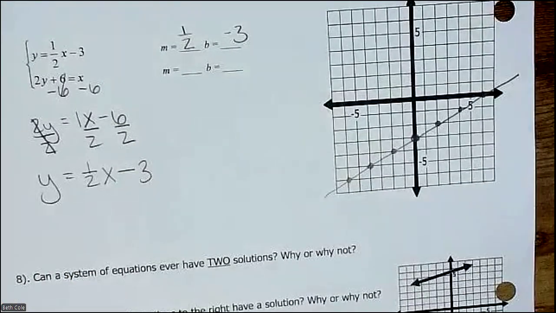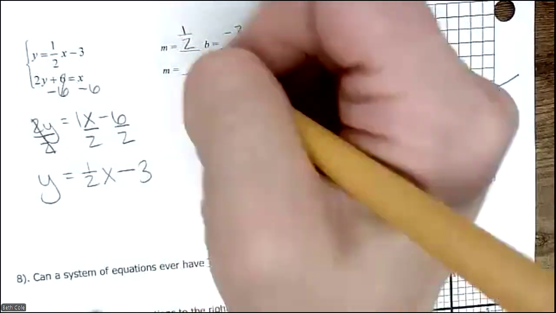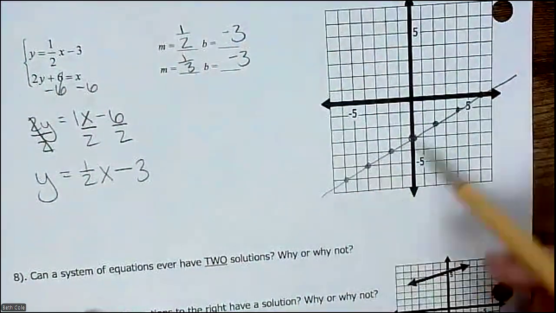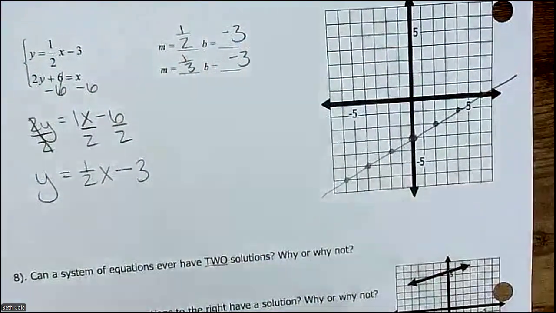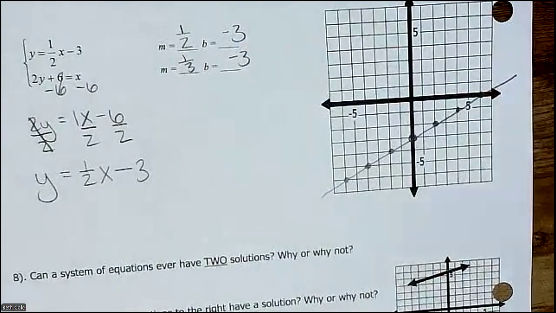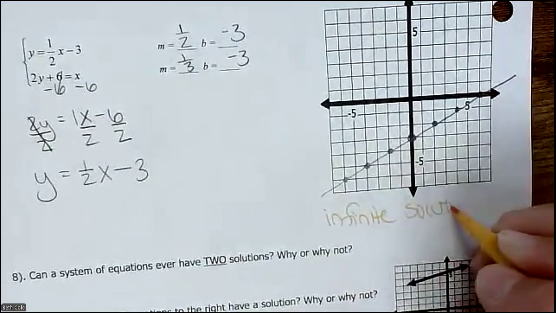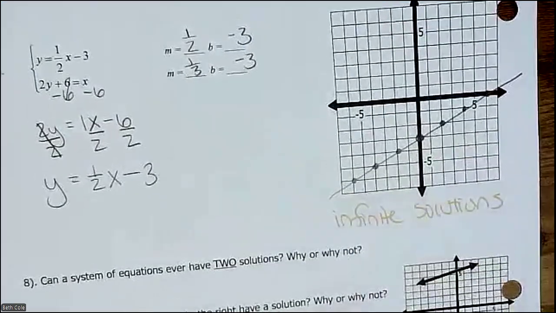What do you notice? Stop and notice something. It's the same thing. So if we graphed this line, it would be right on top of the other line. So we have 2 lines. They're just right on top of each other, which means they intersect literally everywhere. So it's infinite solutions. They intersect every place.